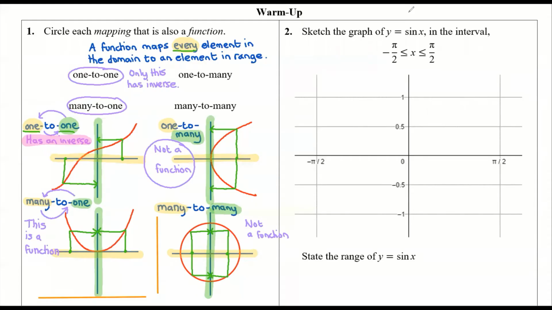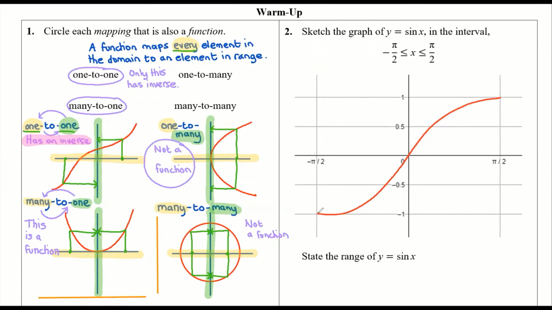Okay, so in contrast, this is going to be very quick. For question 2, we simply have to sketch y equals sine x in this interval. It's something you know very well, but we're going to use this later on in the lesson, and we're going to state the range as well. So sine x, if you're not familiar with this, just put some values in, but you'll know that it has its maximum at pi over 2 and 1, and it's going to look something like this, passing through 0, and something like that.